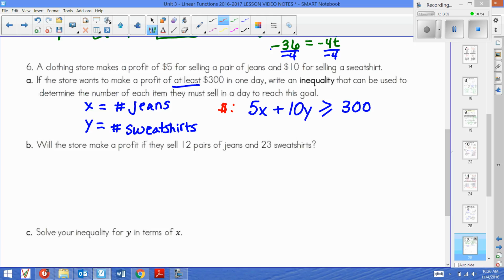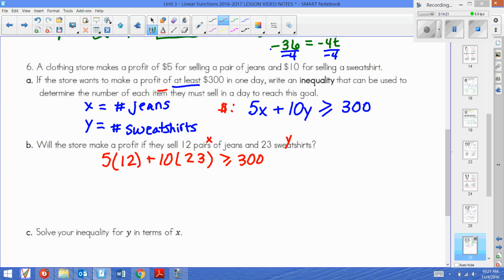Moving on to B. Will the store make a profit if they sell 12 pairs of jeans and 23 sweatshirts? Well, looks to me we can just do some nice substituting because the jeans, that's my X, and the sweatshirts are my Y. So 5 times 12 pairs of jeans plus 10 times 23 sweatshirts should be greater than or equal to 300.